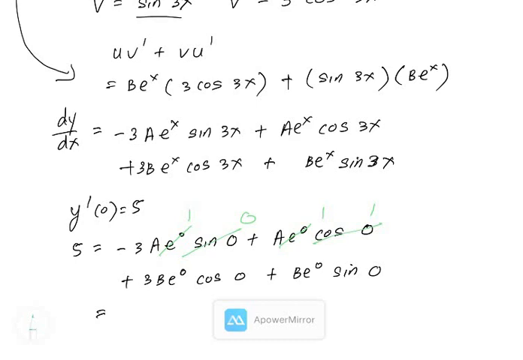So the sine terms cancel out to 0, and just left a plus 3b.